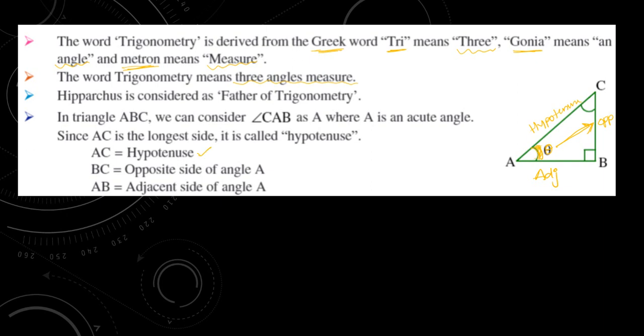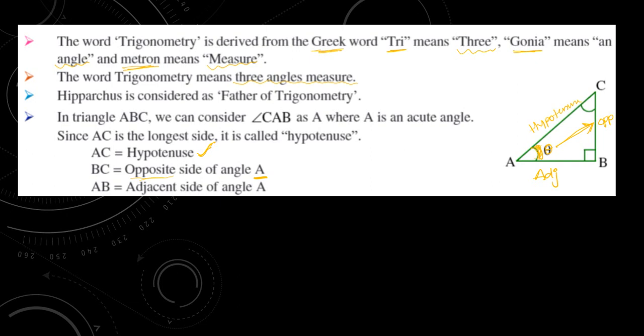So the longest side we always call the hypotenuse. About this angle A, whatever side is opposite to it, we call that the opposite side, and the remaining side, whatever is left over, we call the adjacent side. These three notations we commonly use in trigonometry: hypotenuse, opposite side, and adjacent side.